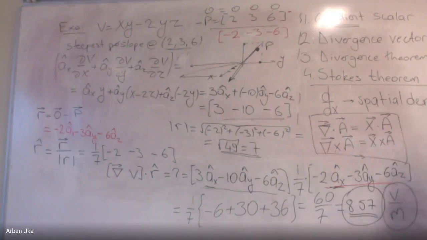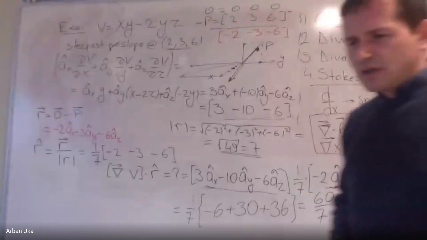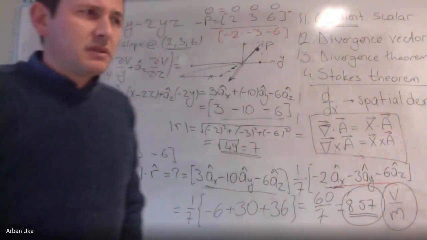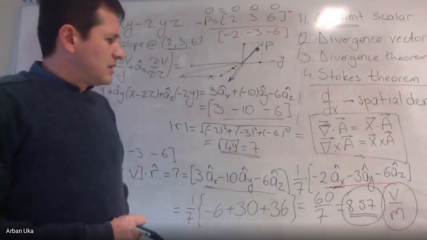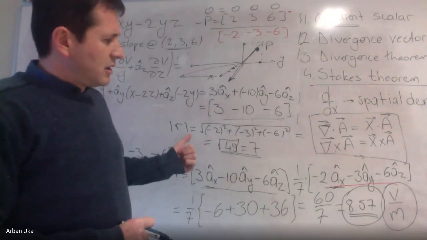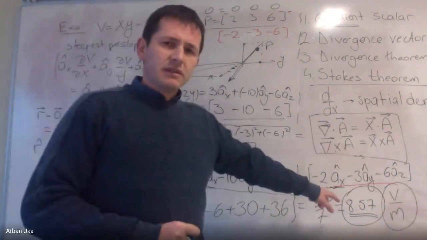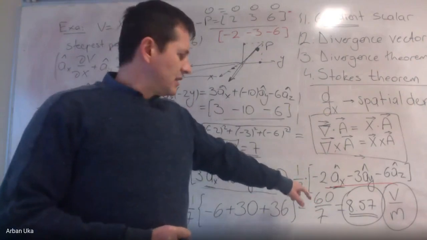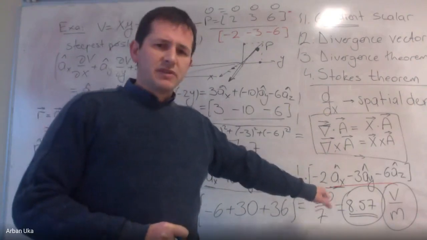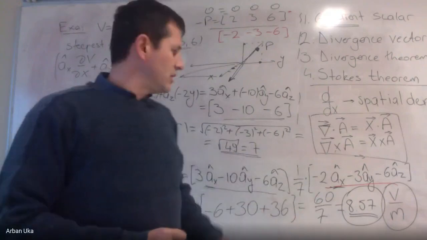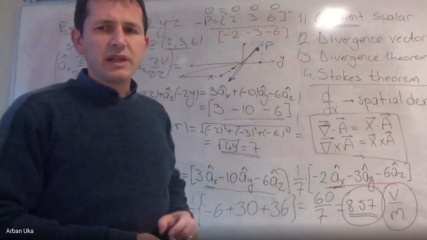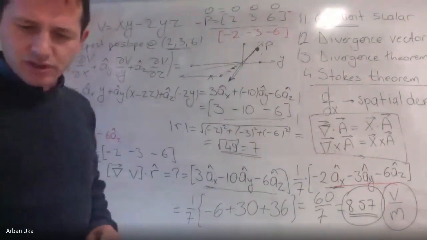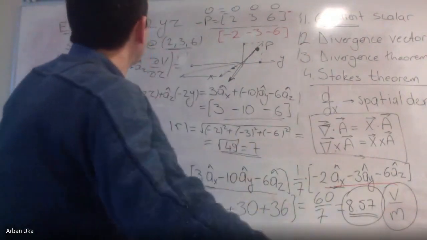But let me ask you this question: if this was the potential, what would be the electric field? The electric field would be minus 8.57, because we told before that the electric field is minus the gradient of the potential. Good. So let's clear this out.